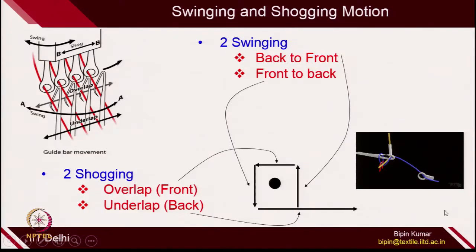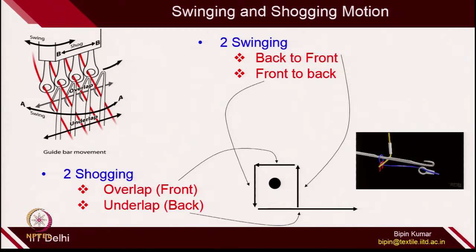If you see this particular animation, swinging, overlap and another swinging are described here. First swinging, you can see here the guide is swinging, then overlap and then the second swinging, and after that the guide moves on the back side because it has to change the needle location. So, this is how the swinging and shogging motion is important.